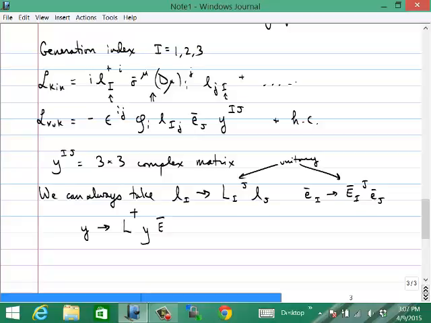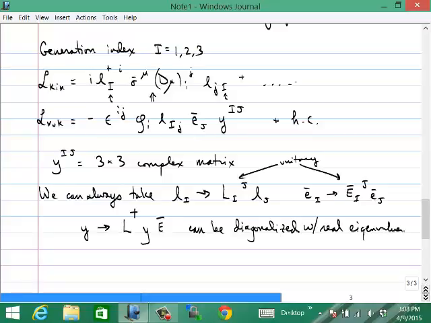And then it's a result in linear algebra that you can take any 3 by 3 complex matrix, and if you act with a unitary on the left and a unitary on the right, then you can make that diagonal with real eigenvalues. So what does that mean?